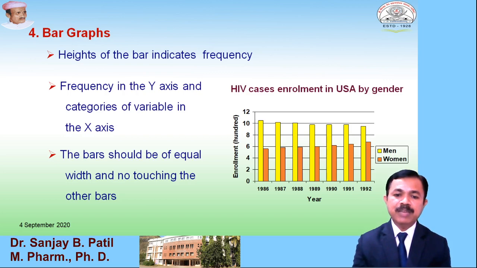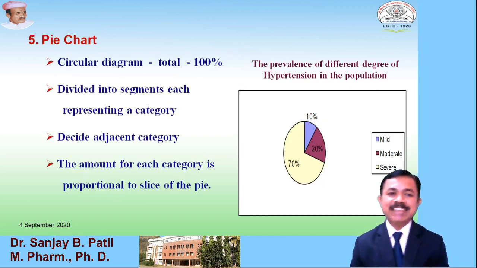And the last type of chart or graph is the pie chart. So what is a pie chart?